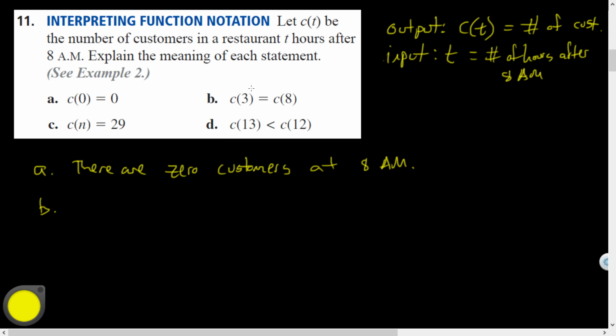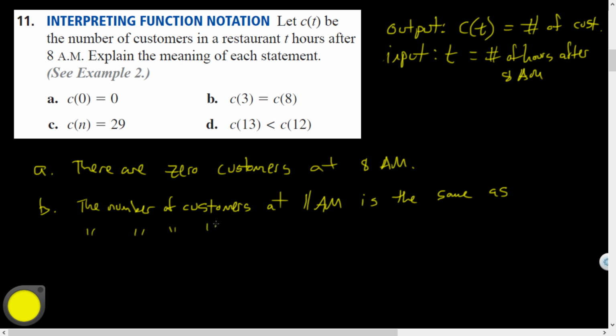Let's see B. So they're saying C of 3, the output at 3 hours after 8 a.m., is equal to the output, or the number of customers, 8 hours after 8 a.m. So what is 3 hours after 8 a.m.? 8 plus 3 would be 11 a.m. So 11 a.m. is the same number of customers as 8 hours after 8 a.m. That would have been 1600 hours in military time.